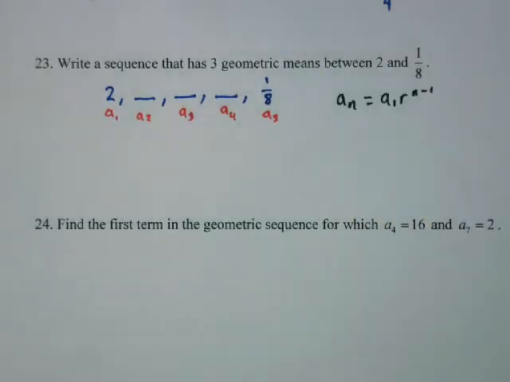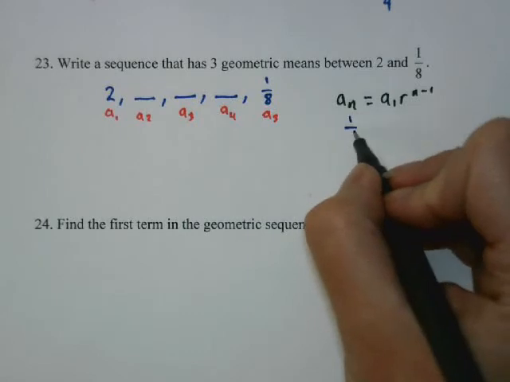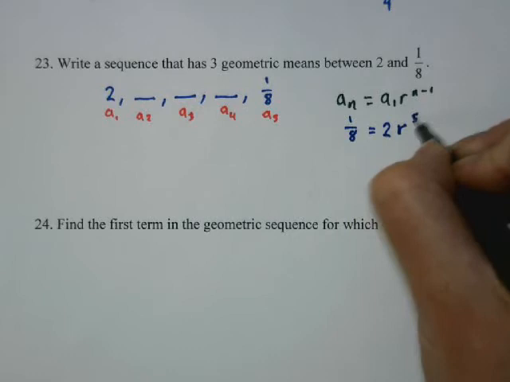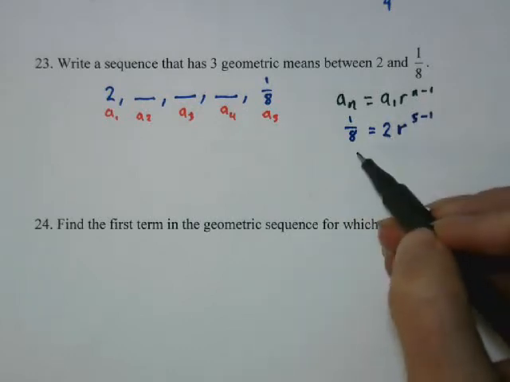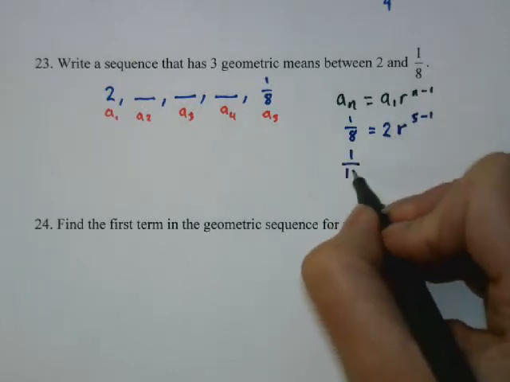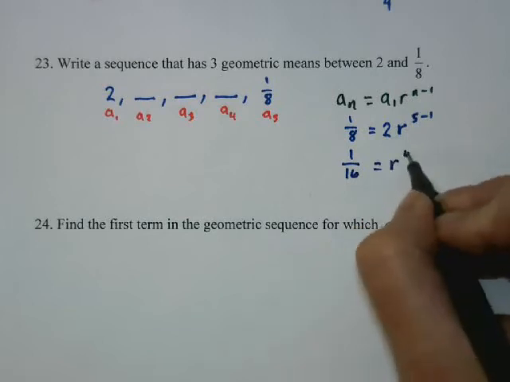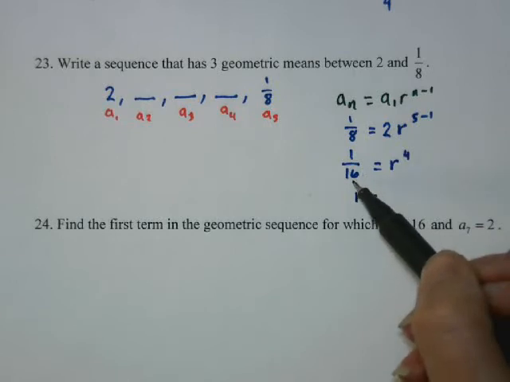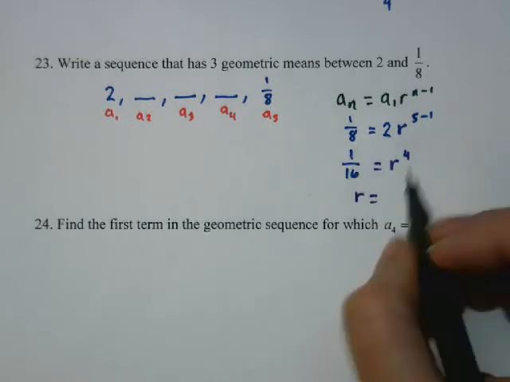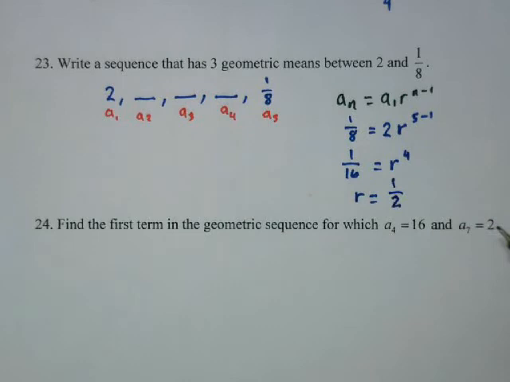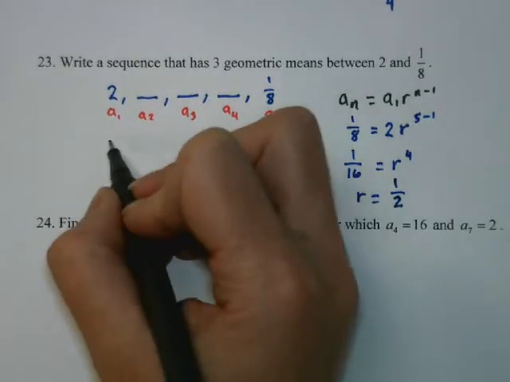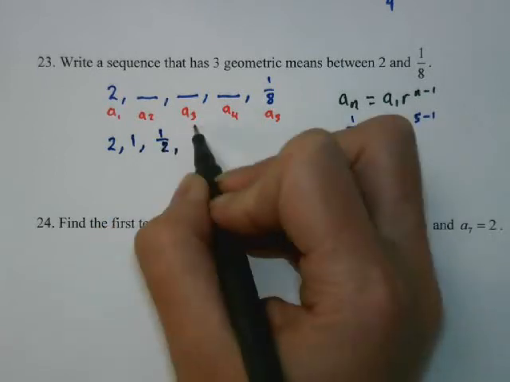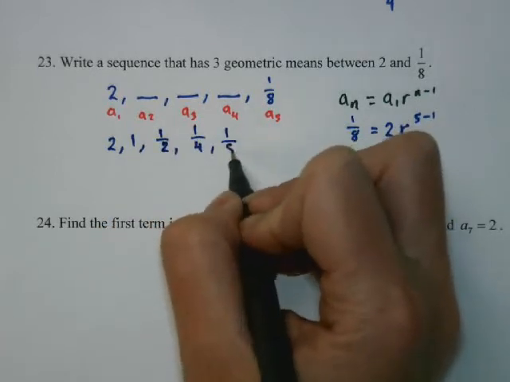So here we've got 1/8 is equal to 2 times some common ratio to the 5 minus 1. So I'll divide by 2, which is 1/16 is equal to r to the 4th, which means r, since 16 is 2 to the 4th, if I take the 4th root of this, my common ratio is going to be 1/2. So my sequence is going to be 2, 1, 1/2, 1/4, and 1/8.